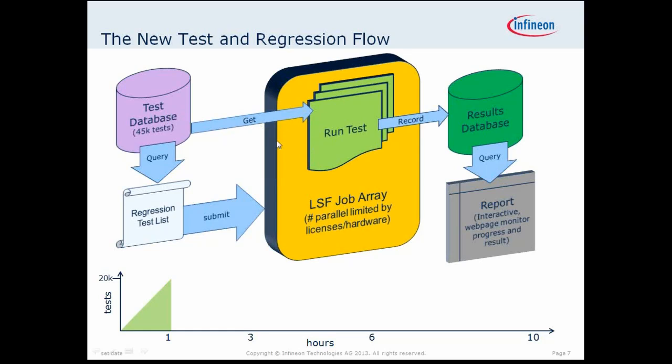And once the test is running, the test is pulled out of the database. It's very quick. It then runs the tests on the local disk, and then we record the result into another SQL database. Over here is our results database. And then once a regression has started, our reporting tool here can instantly give feedback on how the regression is progressing.